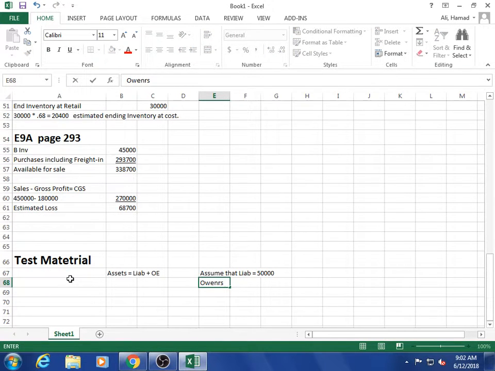Owner's equity is equal to a third of the assets, or 33%. Referring to the actual question, 1/4 would be 25%. Got it? Yes, sir.